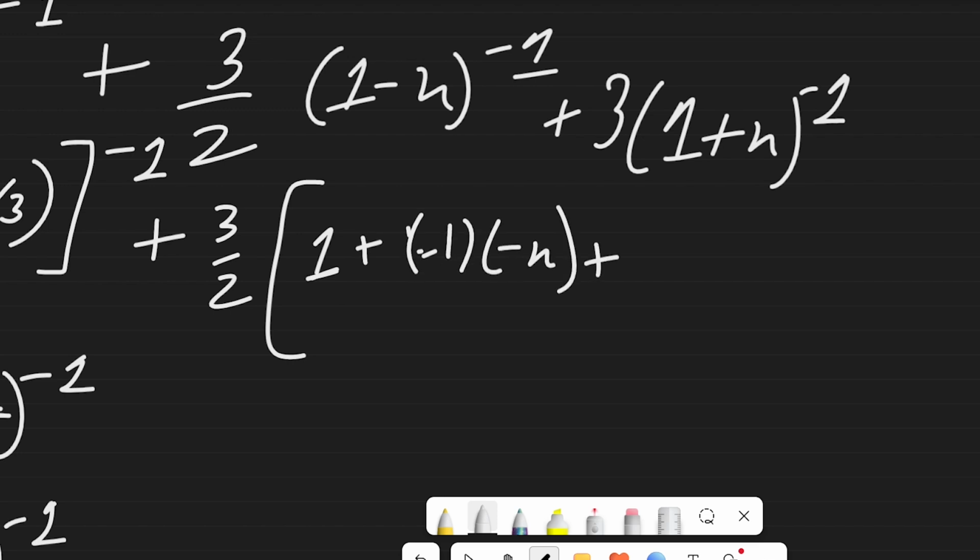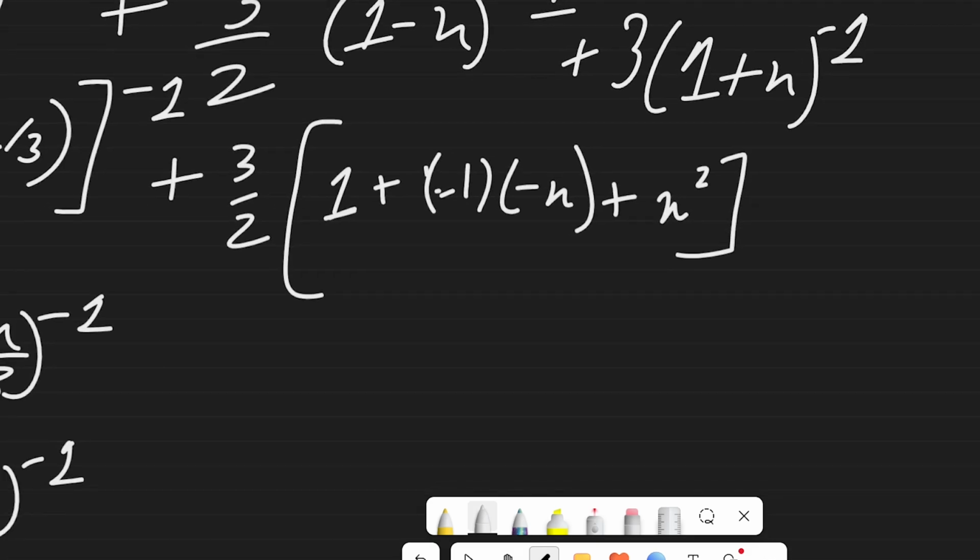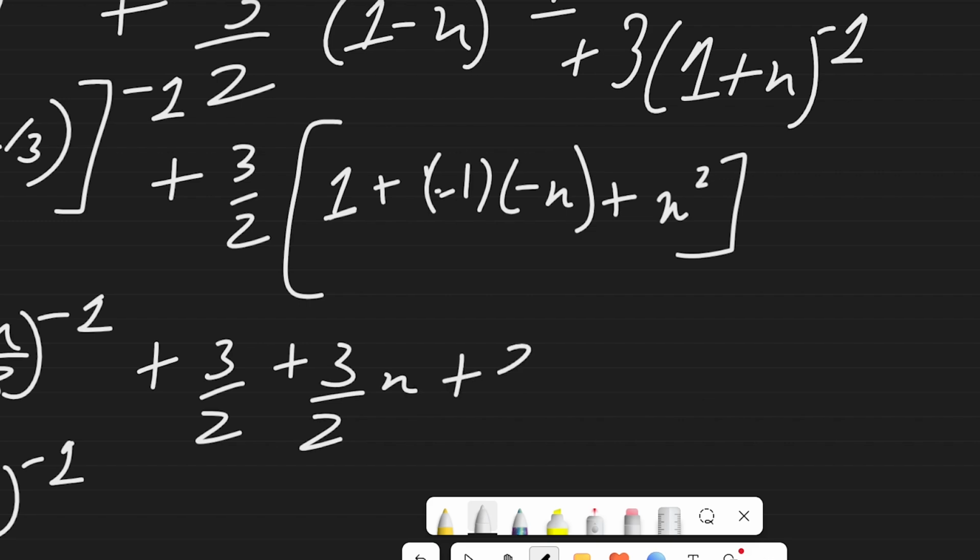Then we would have a plus. After that we will have minus 1 times minus 2, which means positive 2 over 2, which means positive 1. So it would be x square simplified. Okay, and what we will have is, we'll add a plus over here, 3 over 2 plus 3 over 2 x plus 3 over 2 x square.